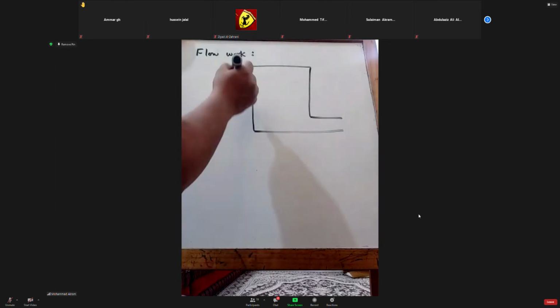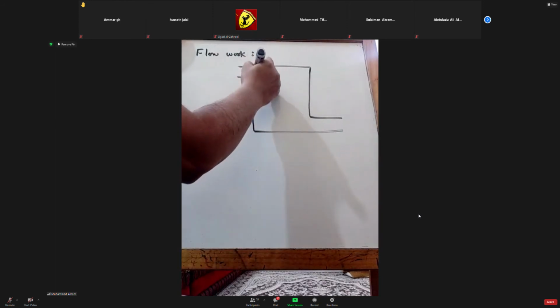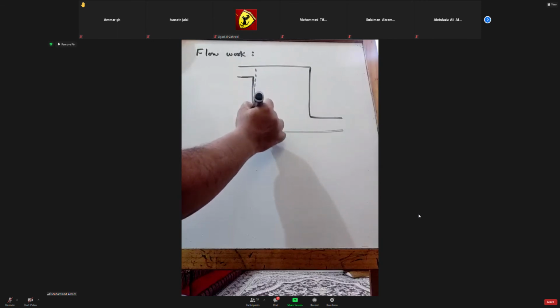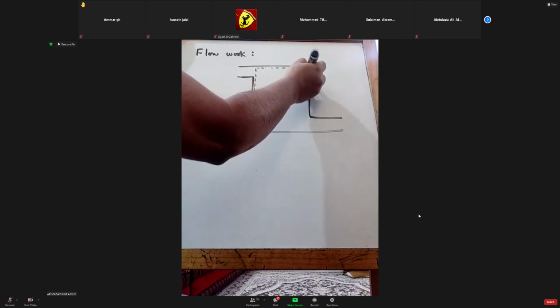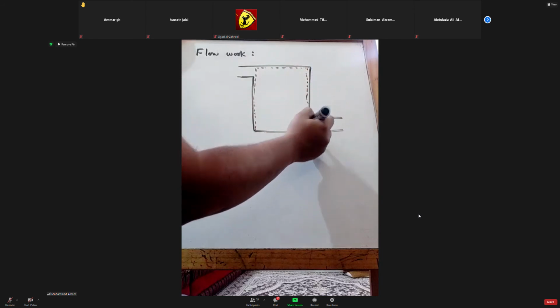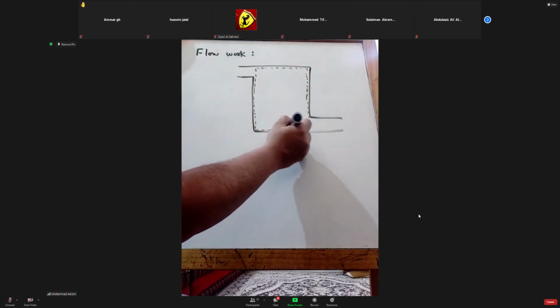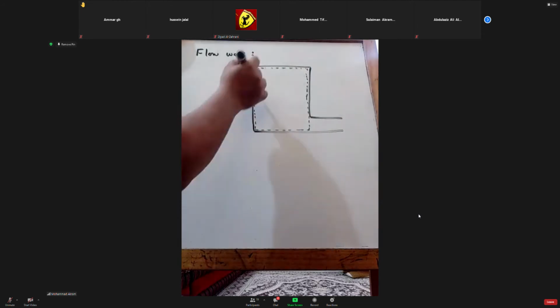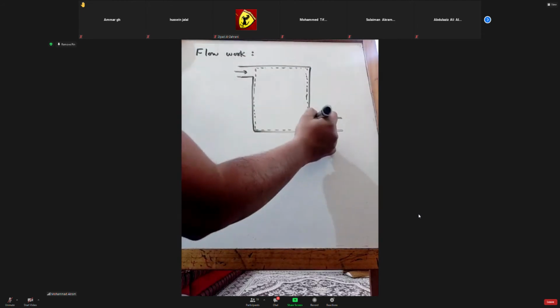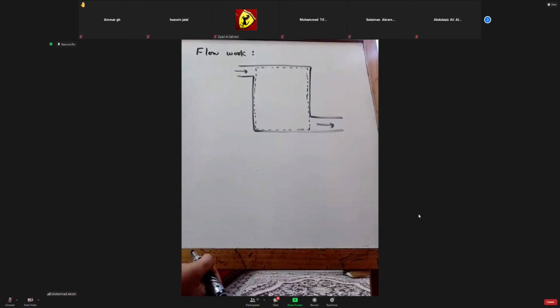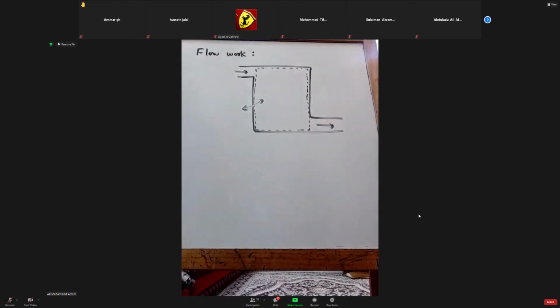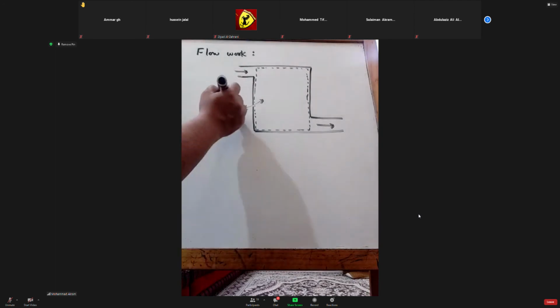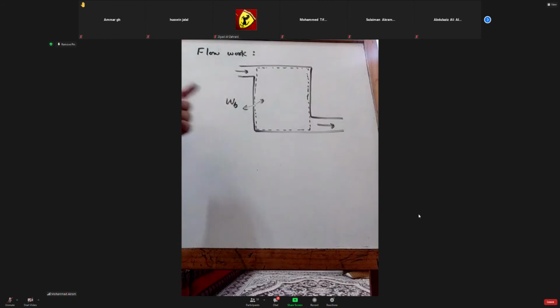Say you have a system like this. This is the control volume. Mass is coming in and out. This is the open system, right? When it is exchanging with the boundary, it is called boundary work.